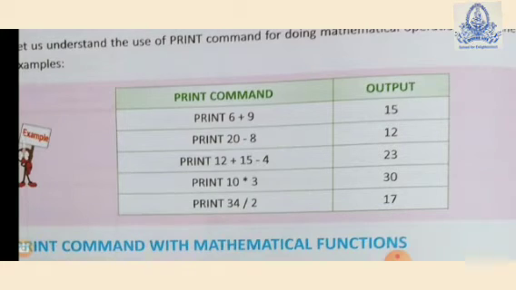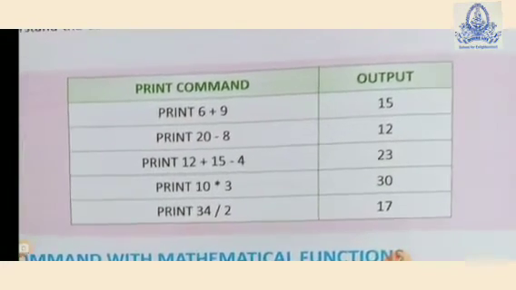Print 20 minus 8, you will get 12. So like that. Another example, print 10 multiplied by 3, automatically we will get 30. Print 34 divided by 2, 17. So print, after that space, then 34 divided by 2, you will get 17 in the output.